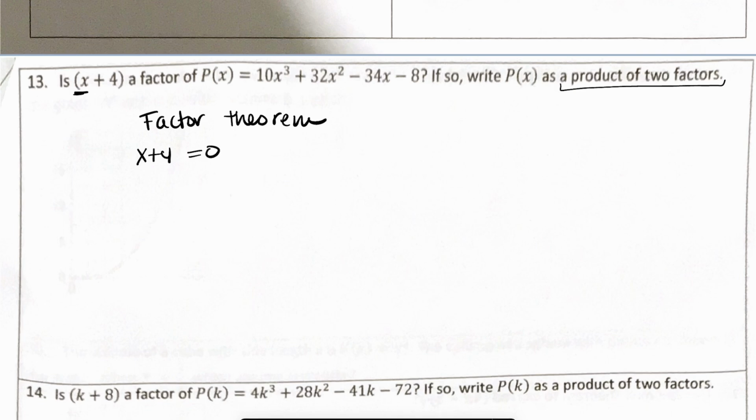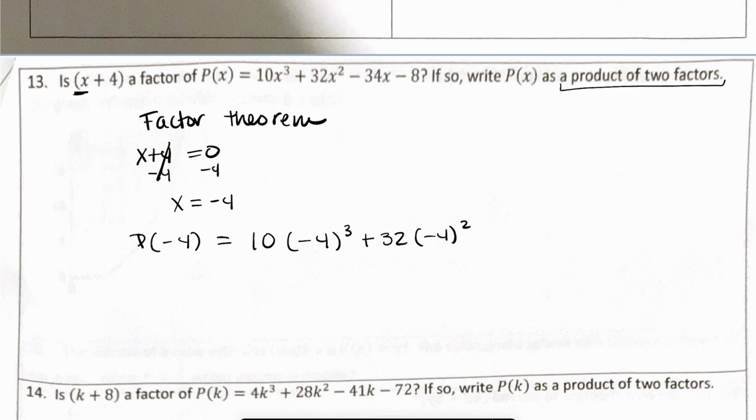We find the 0 here, so we get that x equals negative 4. And then we plug it into p of x here, which becomes 10 times negative 4 to the third power. So you just rewrite your equation by plugging in negative 4, times negative 4 minus 8.